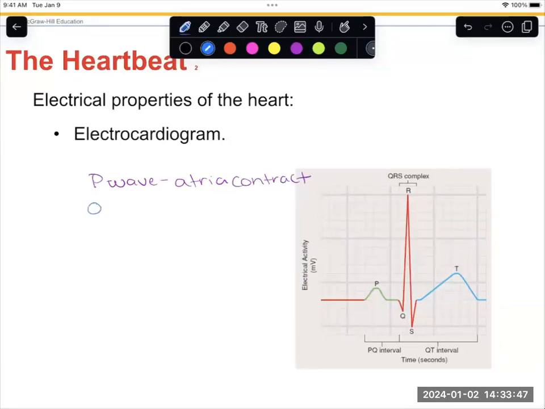The QRS wave is when the ventricles contract. And then the T wave is considered repolarization or recovery. So that is resting of the ventricles after contraction.